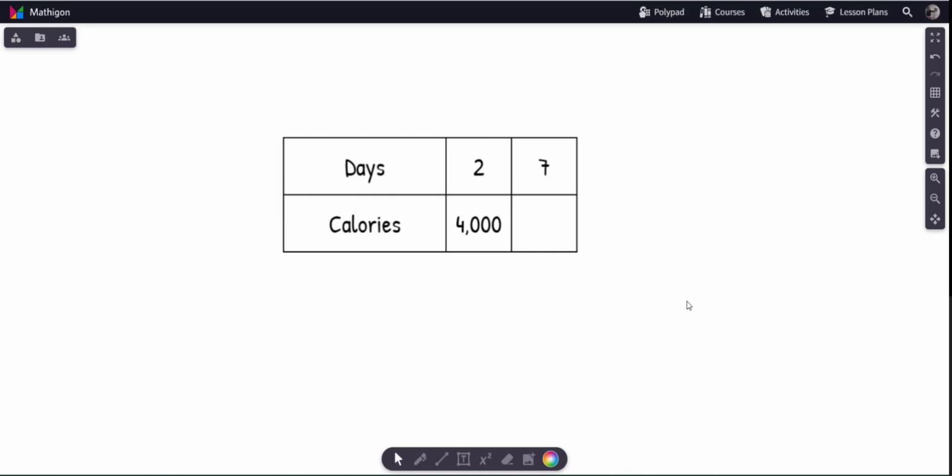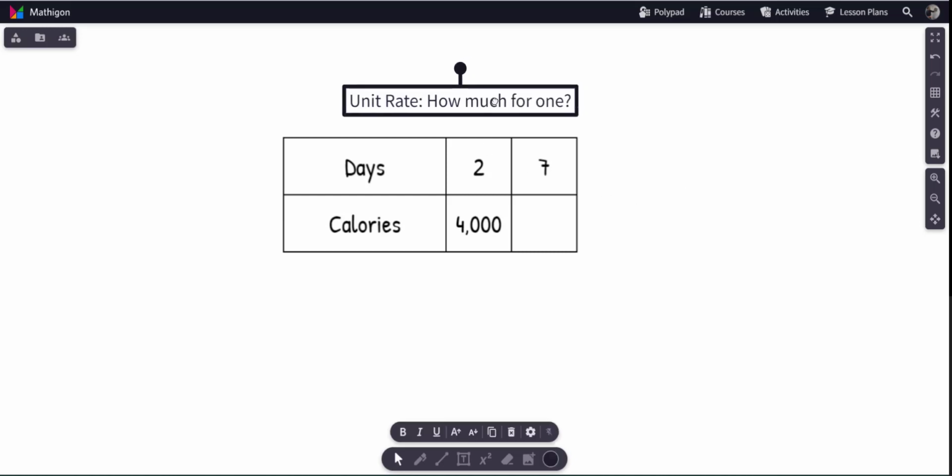Let me show you one way, which is the unit rate way. Let me just go ahead and type it. So this way of solving the problem is using unit rate. Another way to think about unit rate is maybe how much for one.